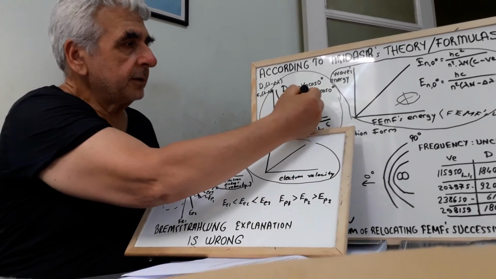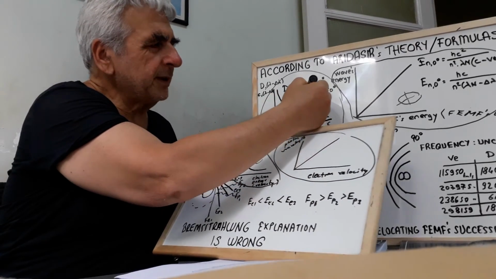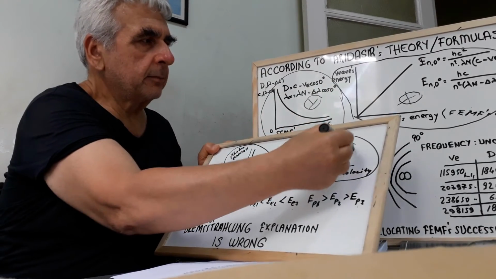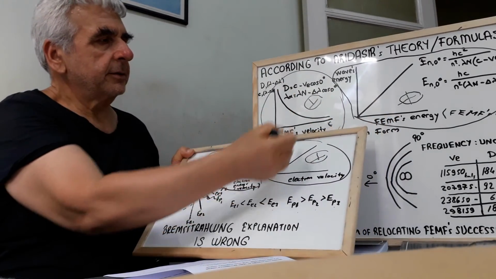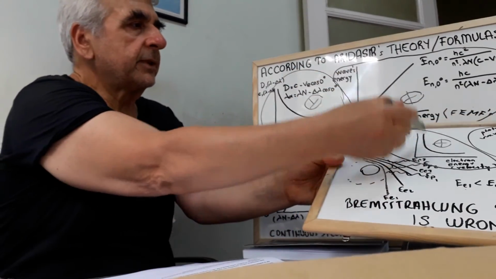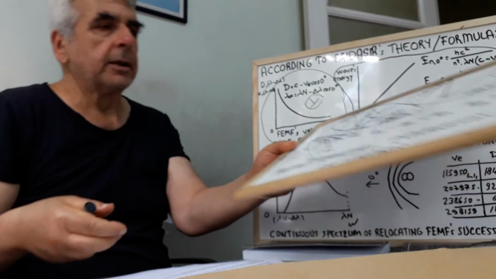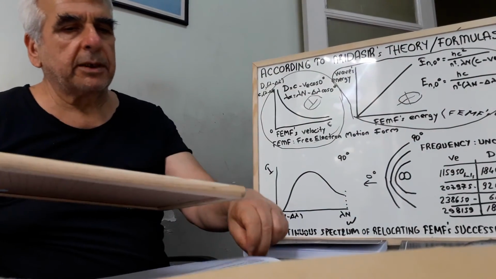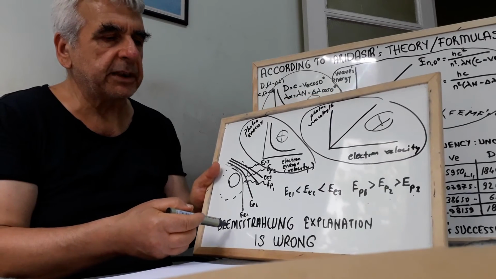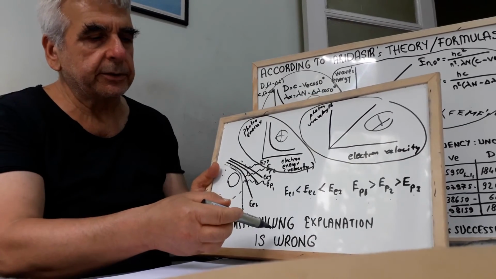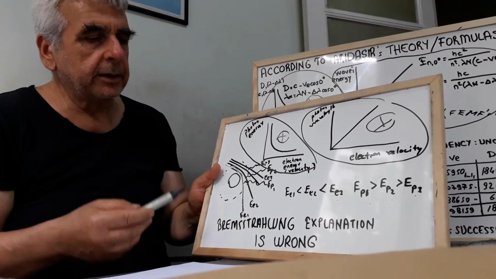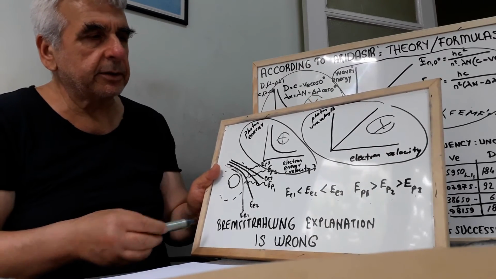Compare this here. Why? Compare the two of them. Contradiction. My theory and my formulas versus the accepted physics Bremsstrahlung explanation. According to my theory and my formula, the Bremsstrahlung explanation is wrong.